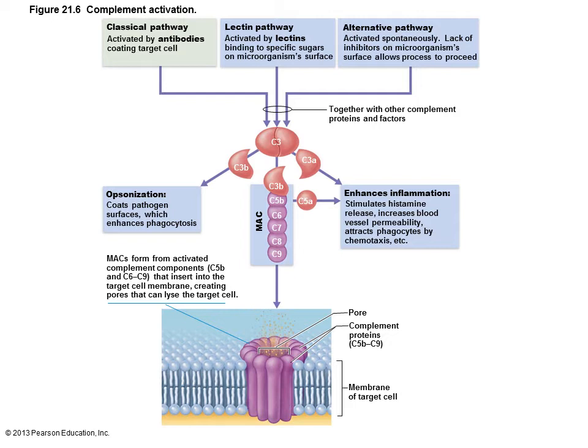Complement system are made of 20 different proteins that circulate in inactive form. As you see, they consist of many proteins here. Basically, fever is abnormally high body temperature, and it is a systemic response to invading microorganisms due to the pyrogens secreted by bacteria.